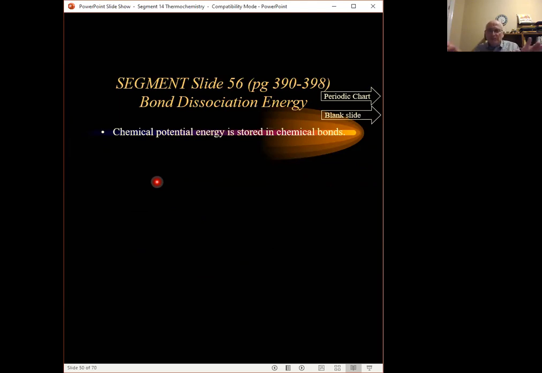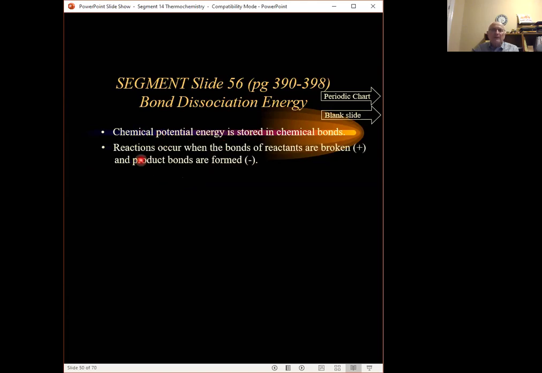Plus it includes the way the molecules interact with each other. So if we had ideal gases, we'd have no interaction energy between them. So it would only be due to the energy stored in the chemical bonds. So chemical potential energy is stored in the chemical bonds that make up the molecule.